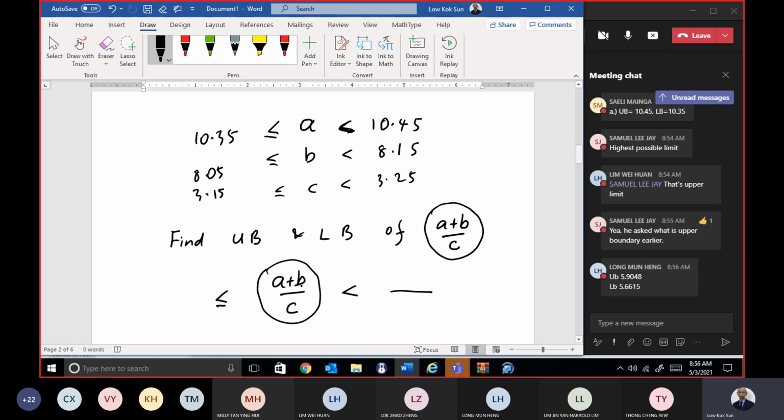For the upper part, A plus B, we get the highest one and the highest one added together for the top. So it's 10.45 plus 8.15. And divide by what?